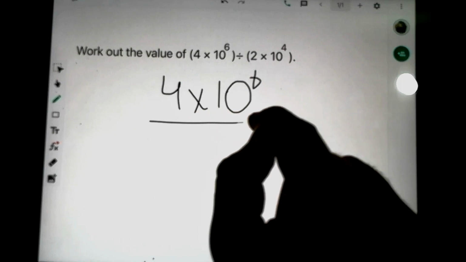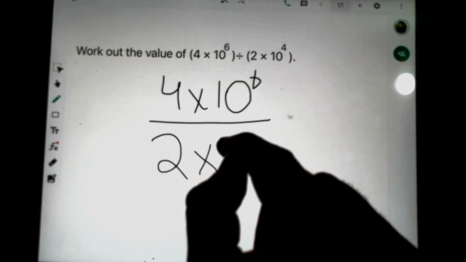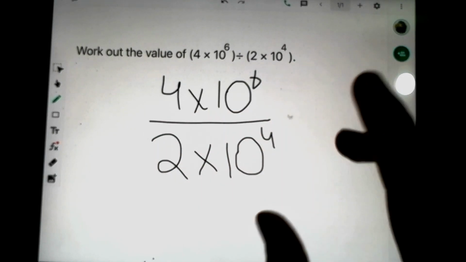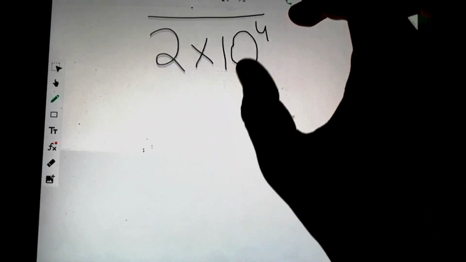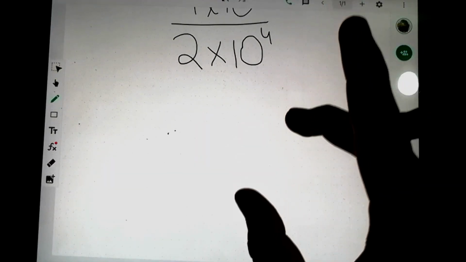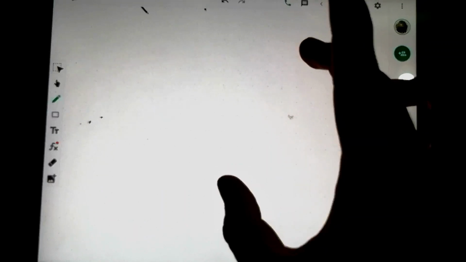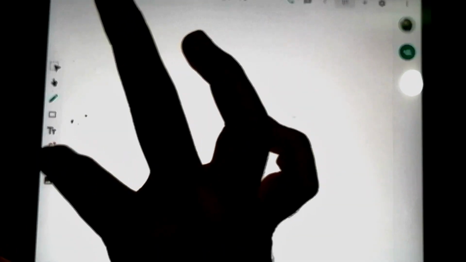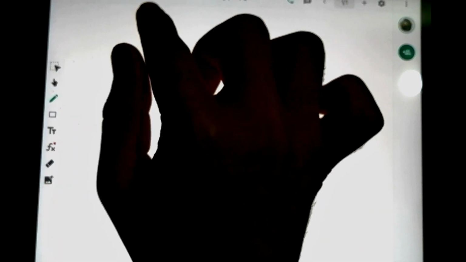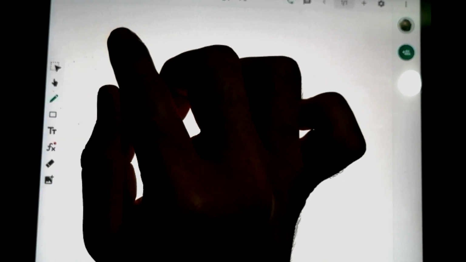When we expand those numbers, 10 raised to the power 6 is a million, so 4 multiplied by a million is 4 million.